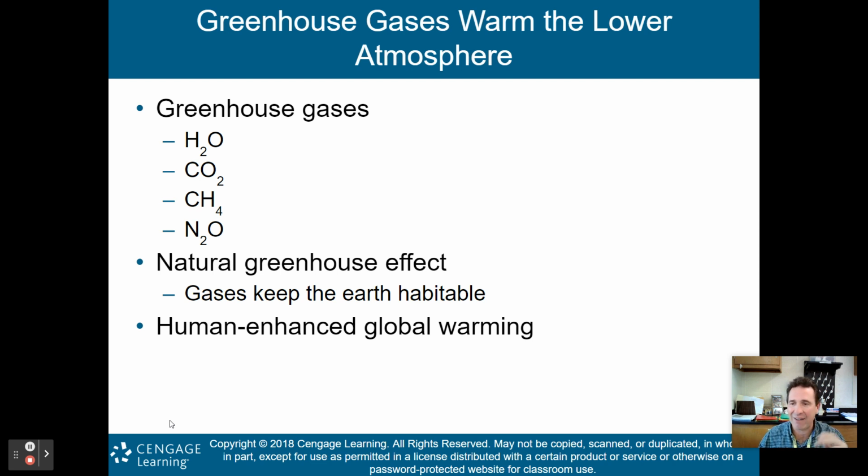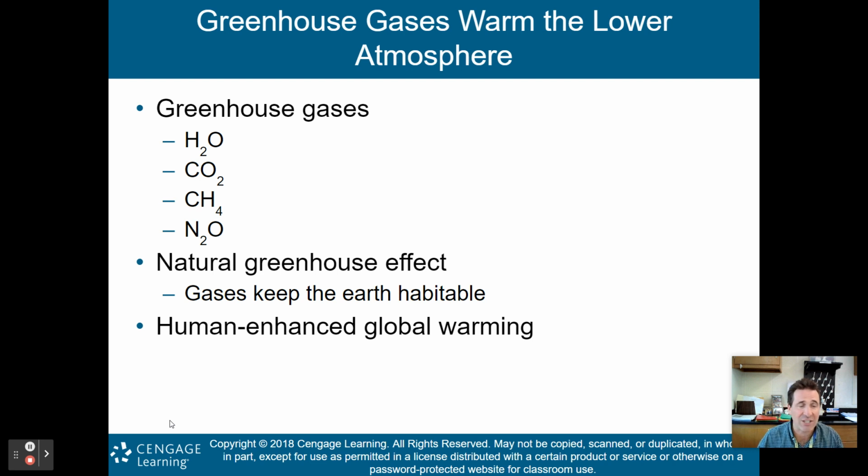So luckily, we have these greenhouse gases to trap that outgoing terrestrial radiation, the heat from the planet. It traps some of that heat. The problem is we are adding too many of these greenhouse gases artificially into the atmosphere, which is causing a runaway greenhouse effect, I call it, on steroids, that is just causing too much heat to be trapped. So again, a little bit of a greenhouse effect good, a lot of a greenhouse effect is bad.